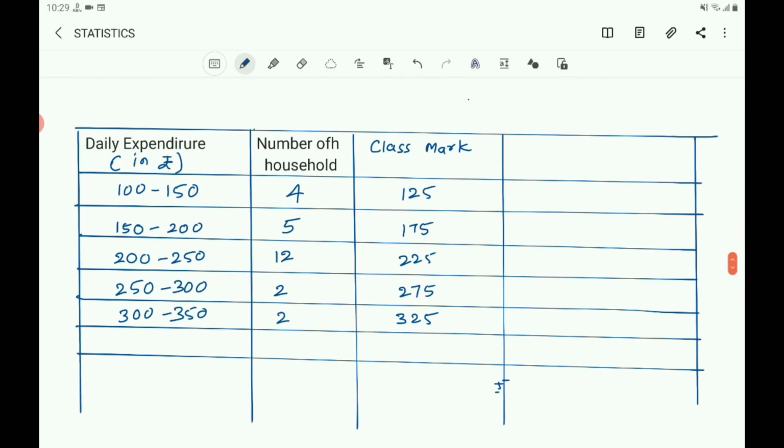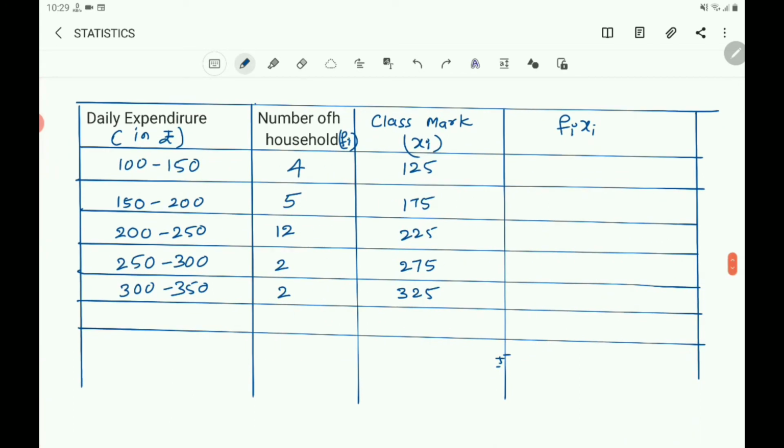Now this is Fi and this is Xi. Next you get Fi Xi, the product of these two. Now you find one by one. 125 into 4. Know that 125 fours are 500.